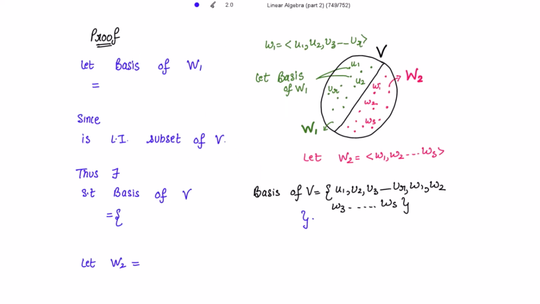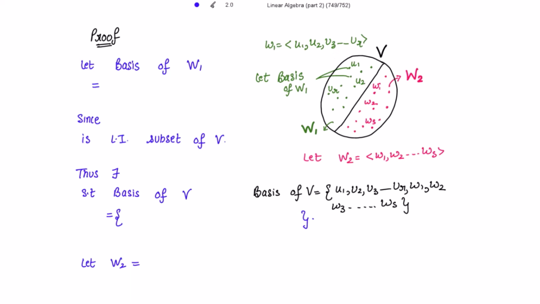If you look at the diagram over here, this is V, your black colored circle. This is the vector space, suppose, and it has a subspace W1. Let's take the basis for subspace W1 to be U1, U2, U3 up to UR. Because these are the basis of W1, these are linearly independent.